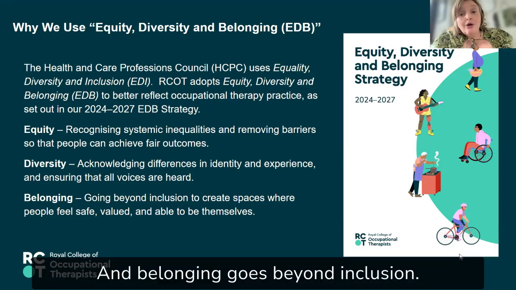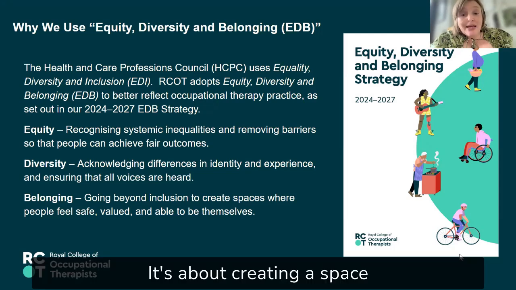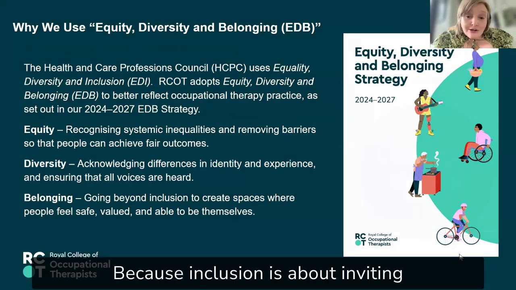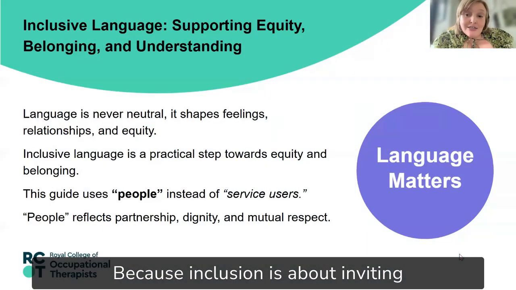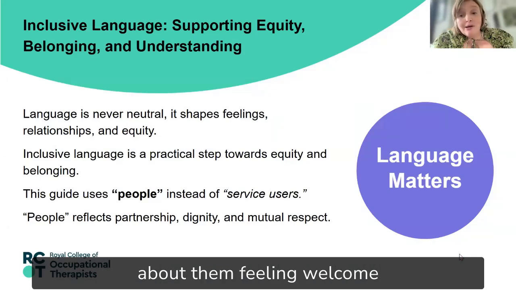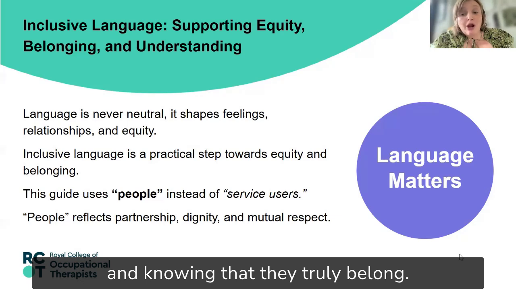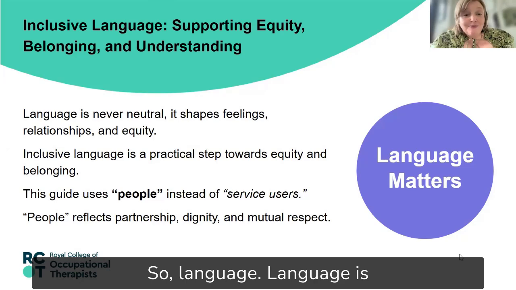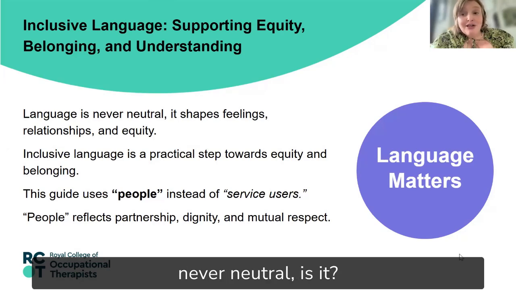And belonging goes beyond inclusion. It's about creating a space where people feel safe, valued, and able to be themselves. Because inclusion is about inviting somebody to the table, but belonging is about them feeling welcome and knowing that they truly belong.